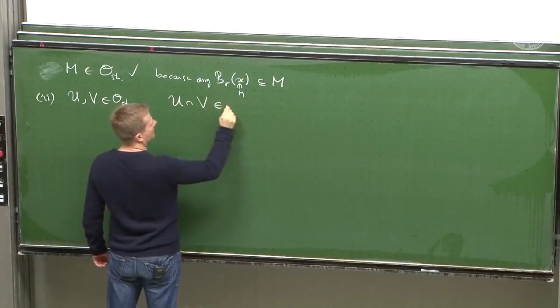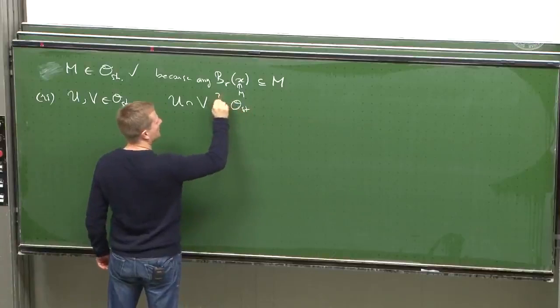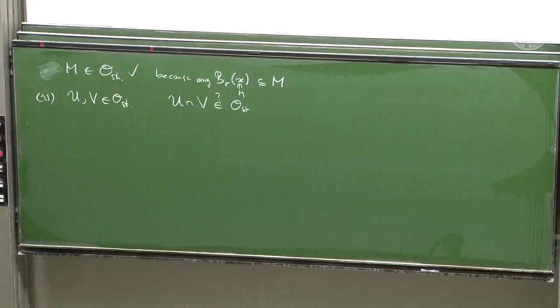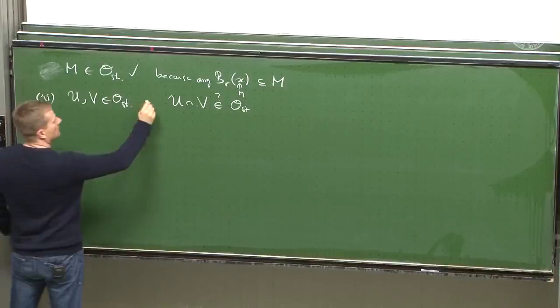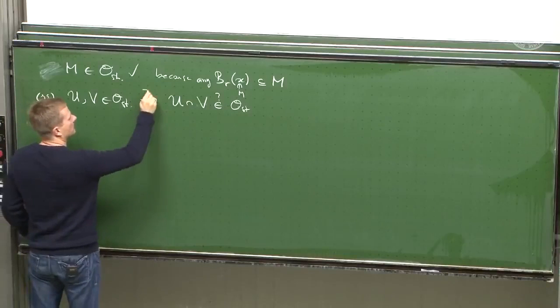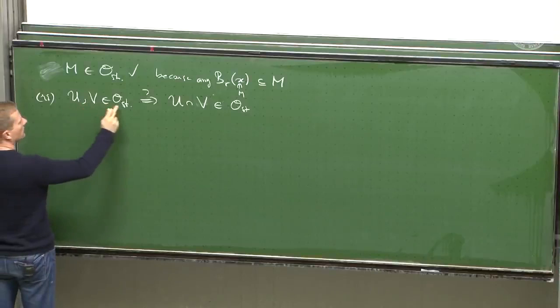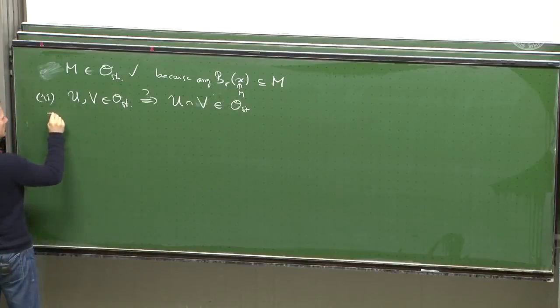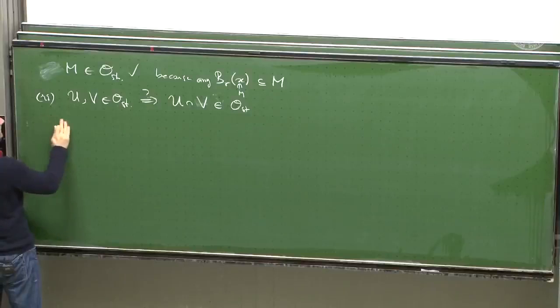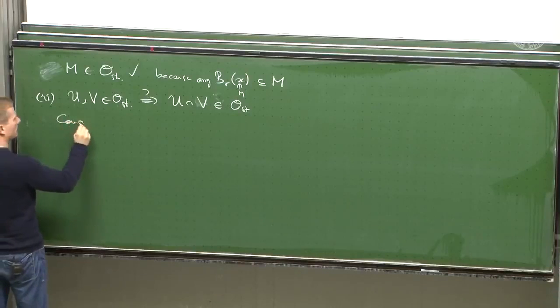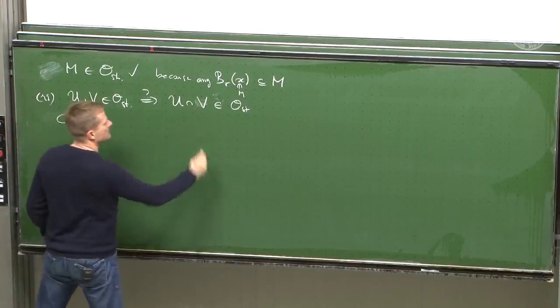U intersected V, element of the standard topology, question mark. Well, the question is whether this is really implied. I want to check whether this is in the standard topology.